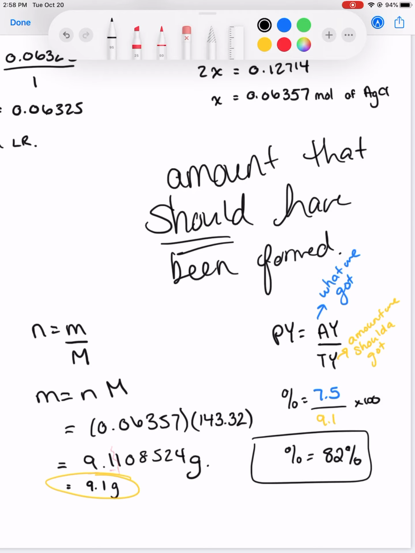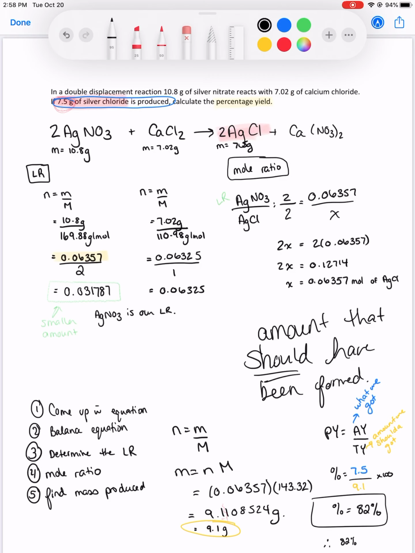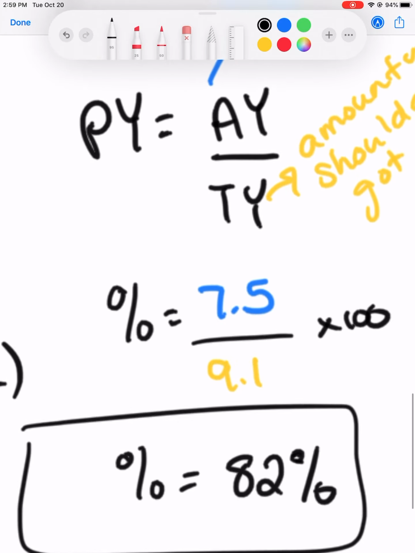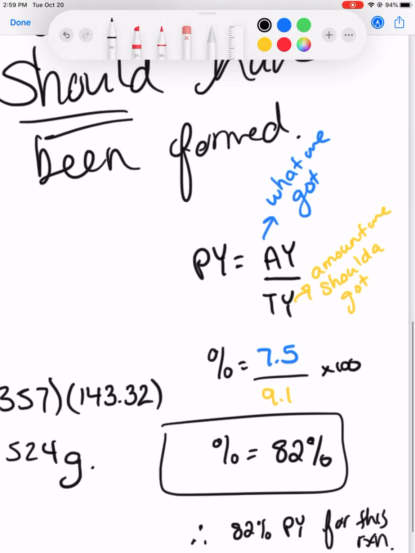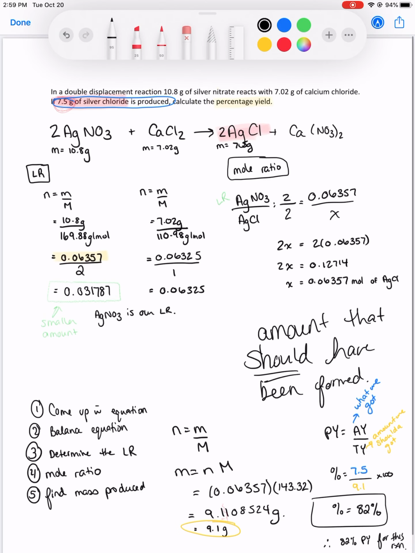Okay, so therefore 82% yield for this reaction. Think of it as the test is out of 9.1, you got 7.5. Okay, so that means you would have got 82% on the test.